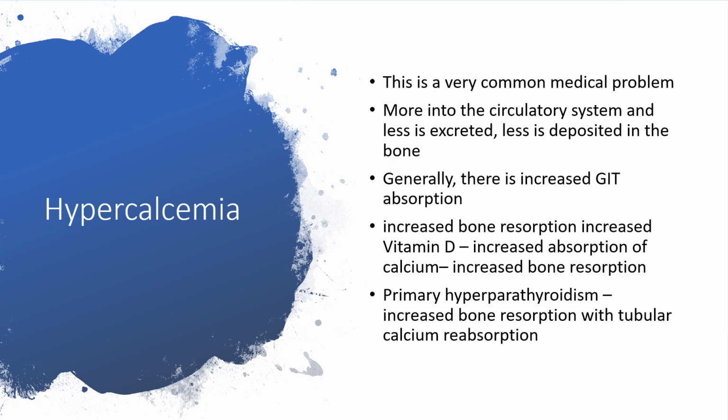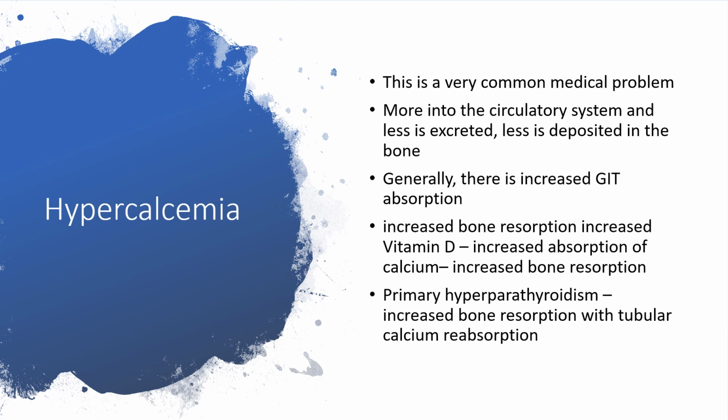Bone resorption means there's osteoclastic activity releasing calcium from the bone into the circulatory system. Or we are dealing with increased vitamin D, and with increased vitamin D comes increased absorption of calcium, and that could also enhance bone resorption.